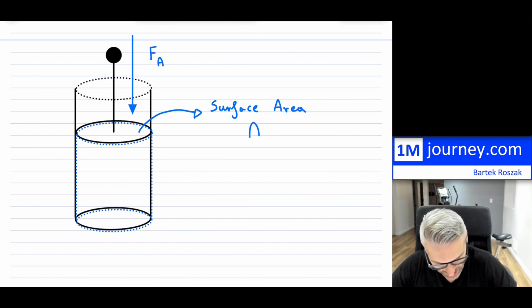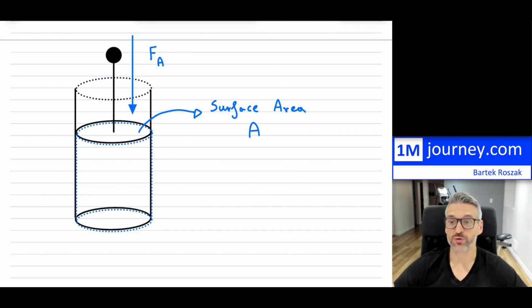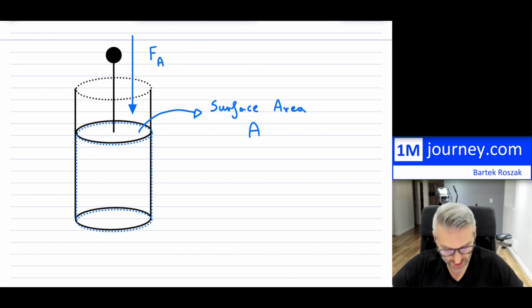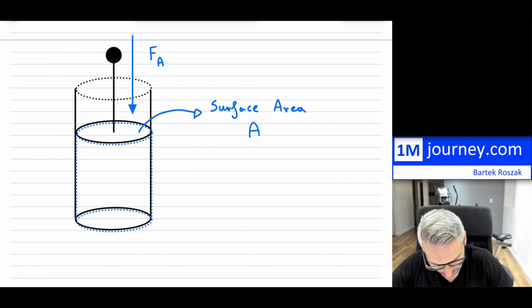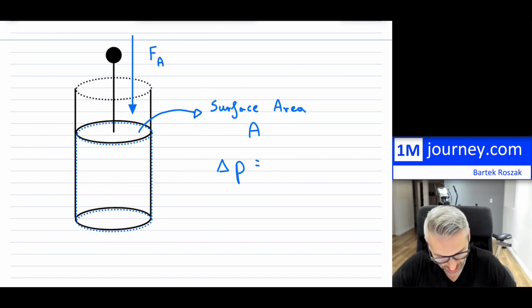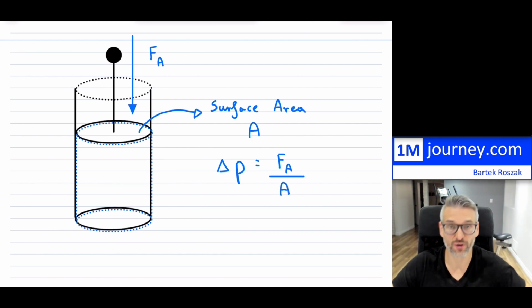Let's call this capital A. That results in you adding an additional pressure on top of this fluid. I'm going to call this the change in pressure. That change in pressure would be nothing else but the force that you apply divided by the area. And this simply comes from the definition of pressure.